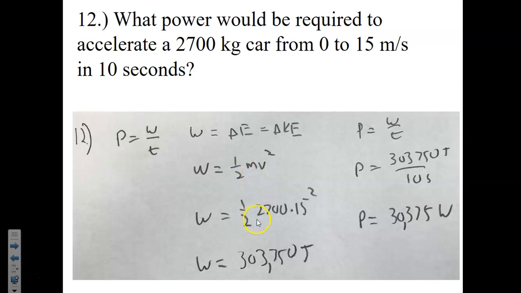That's 1/2 times mass, which is 2,700, times velocity squared. So don't forget to square 15. And we get that the work is equal to 303,750 joules. And to figure out the power, we just take the work or the change in energy and divide by time. And then we get 375 watts.